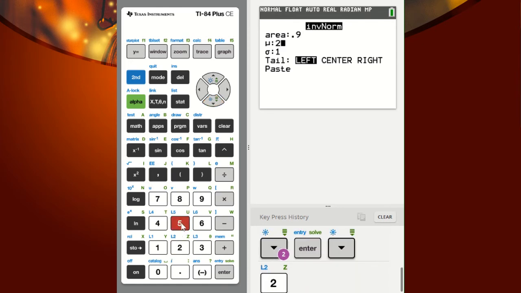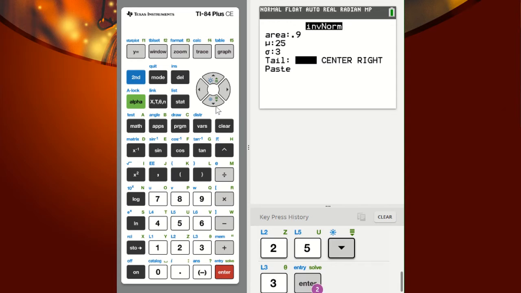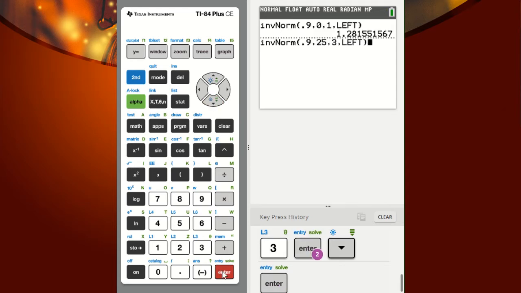So I would say, okay, the mean is 25, the standard deviation is 3, and I want to know that this gerbil weighs more than or equal to 90% of the gerbils. So I would say left, arrow down to paste, and hit enter, and then I get the actual value. That gerbil weighs 28.8 grams. So a gerbil that weighs 28.8 grams weighs more than or equal to 90% of gerbils.